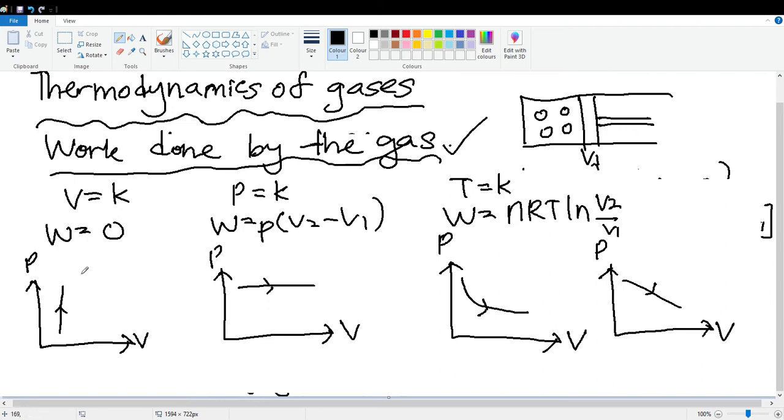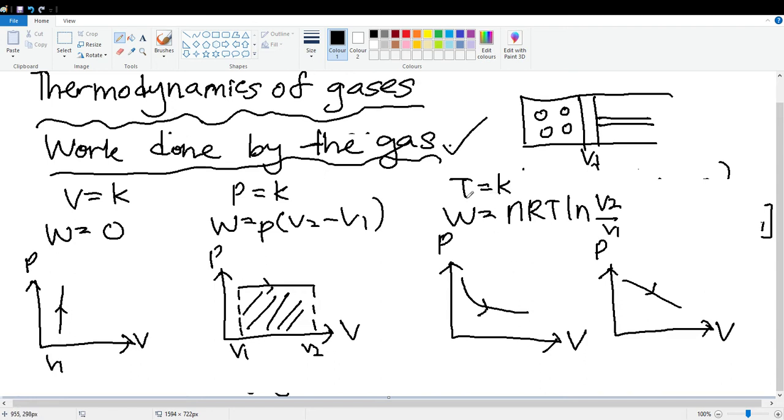For the first one, the vertical graph, which is the constant volume, the work done is 0 since there's no change in volume. As for the second condition, which is the constant pressure, what we have is a horizontal straight line. This is the area under the graph, from V1 to V2, which means that the piston moved from the initial volume to the final volume.